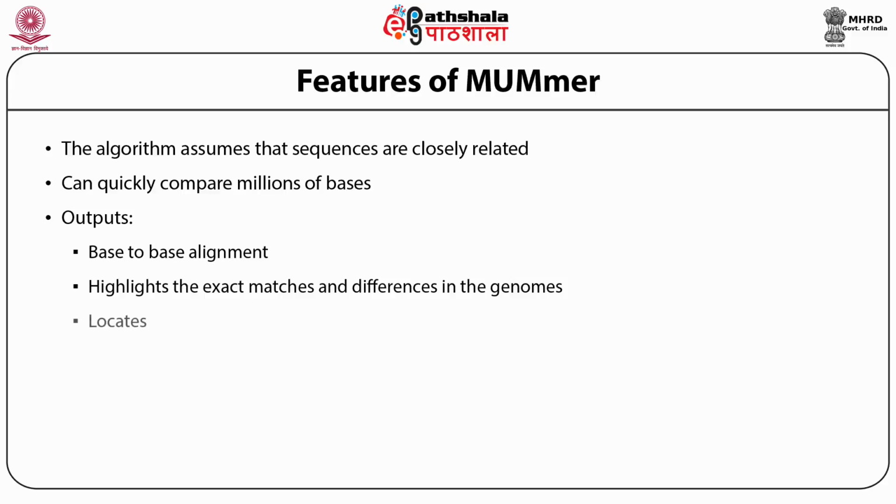Furthermore, it locates single nucleotide polymorphisms between the two genomes, large inserts, significant repeats, tandem repeats, and reversals. By locating all these things, this tool is very useful for giving information about the comparison of two genomes in a well organized format.